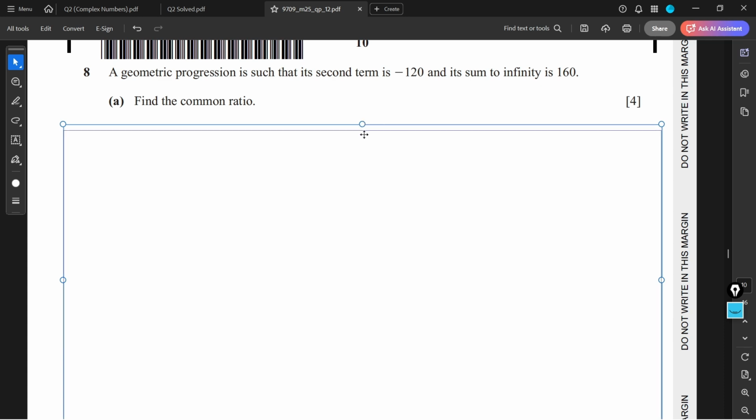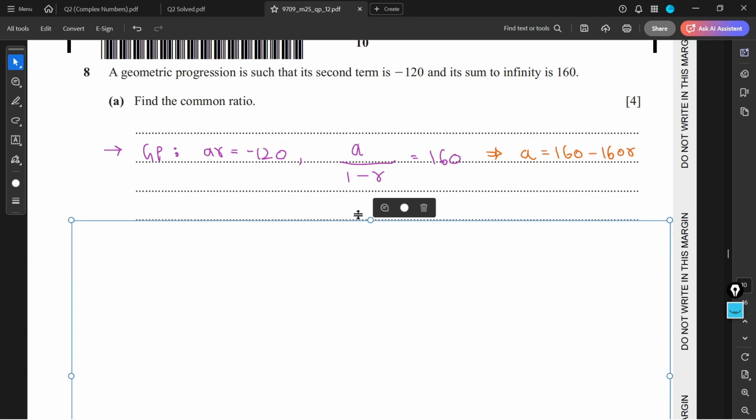Now, keeping that in mind, let me show you how to solve this question. I've just written down that ar is equal to minus 120 and the sum to infinity is 160, so I did a over 1 minus r is equal to 160. From this equation, I've said that a will be equal to 160 minus 160r. Because I'm trying to find the value of the common ratio, I'm going to substitute this a in the first equation.